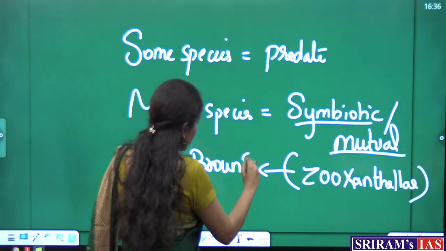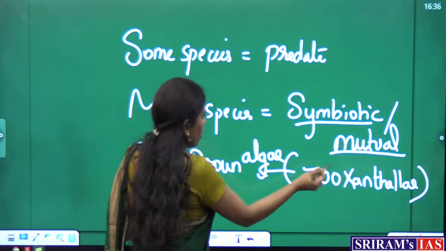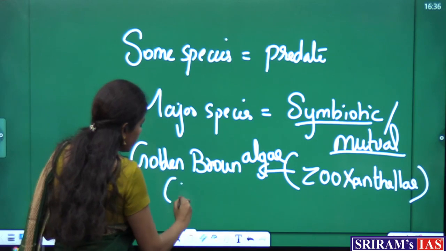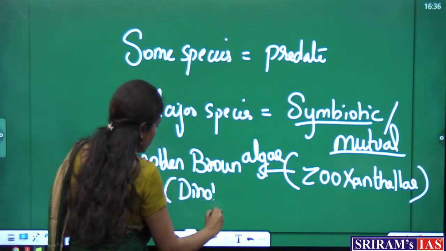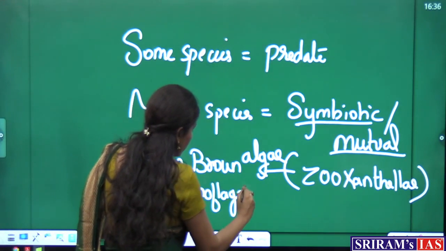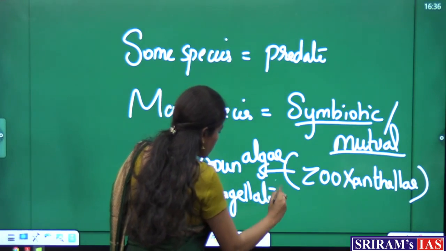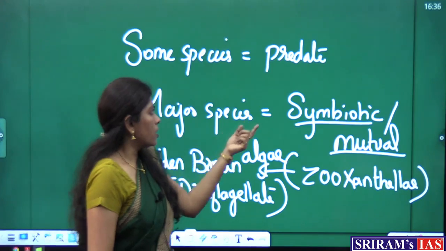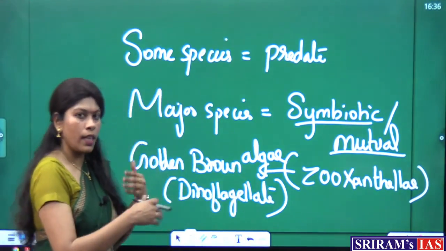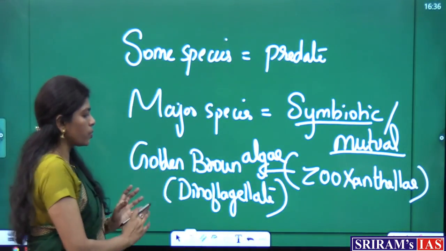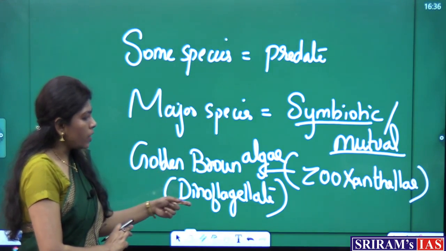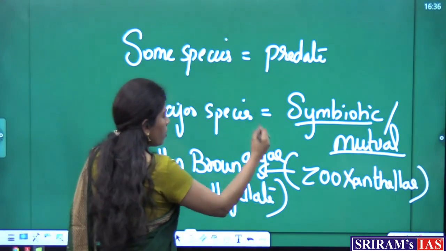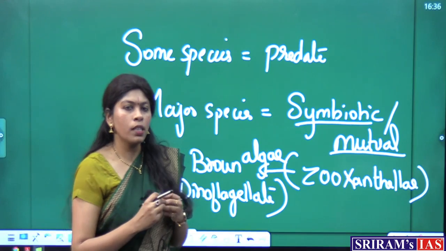Its name is golden brown algae or zooxanthellae, but it's really a dinoflagellate. Every time in the UPSC question paper, you will come across these types of words, dinoflagellate, Cnidaria. So that's why I am using these words again and again for you.